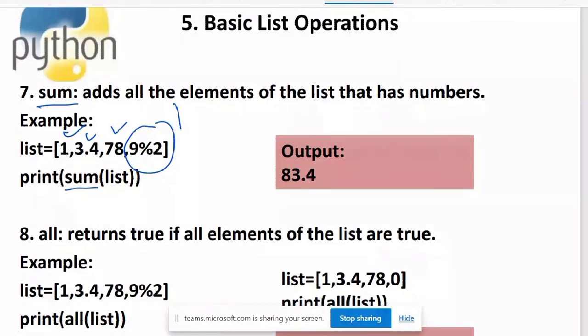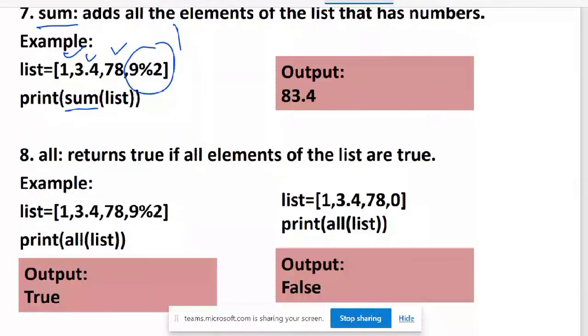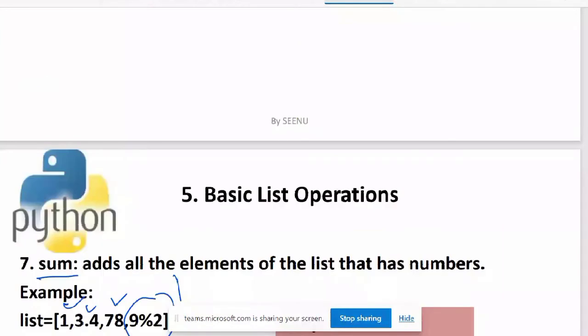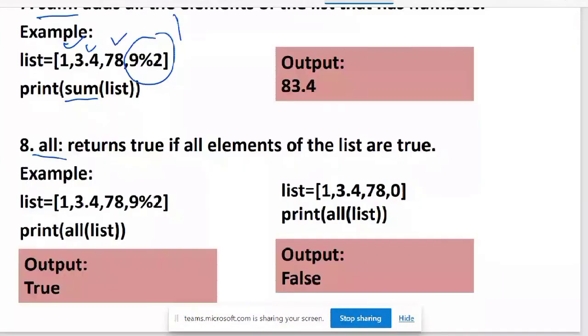And there is a function called all. So what does this all do? If all the elements of your list are non-zero values, it says true, right? If any value is a zero, it gives false.